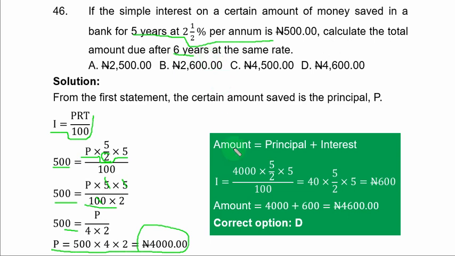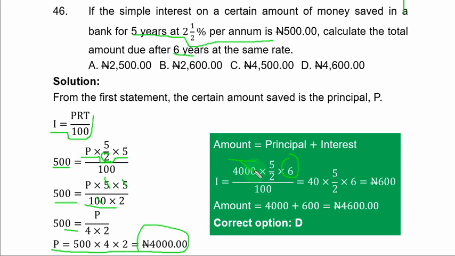So interest is principal 4,000 times rate 5/2. So you have principal 4,000 times the same rate 5/2, but the time in this second part is 6 years.